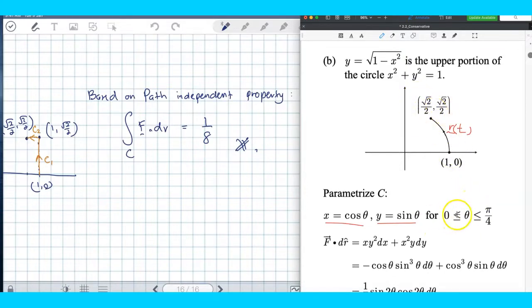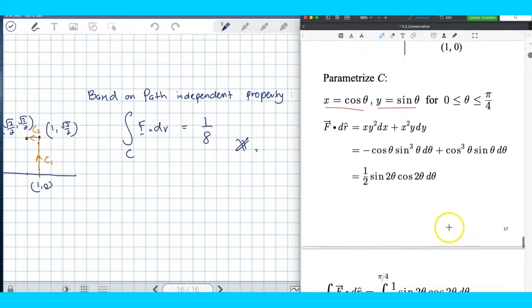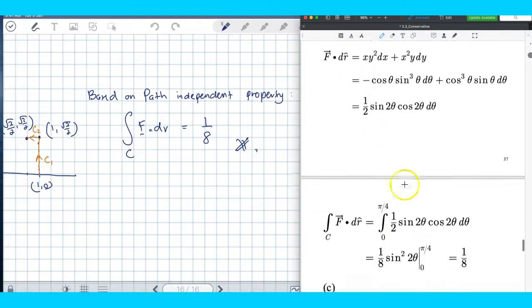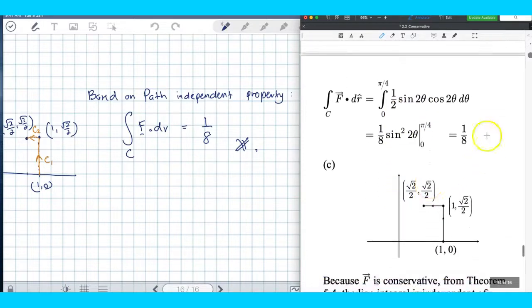So based on the point given, theta is 0 to pi over 4, and you have to find f dot dr and do the integration and so on.